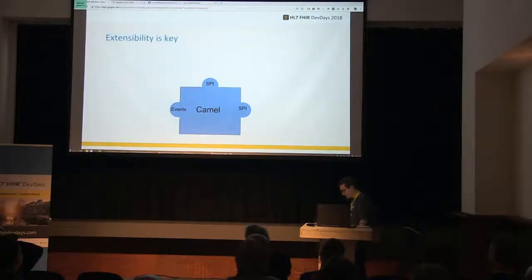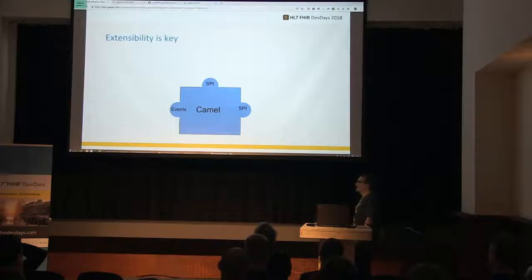And so one important thing to note about Apache Camel is its extensibility, right? You can easily extend it. So as developers, right, when you choose a framework, you usually have one or two use cases that you run with your framework, and then you decide to adopt the framework.